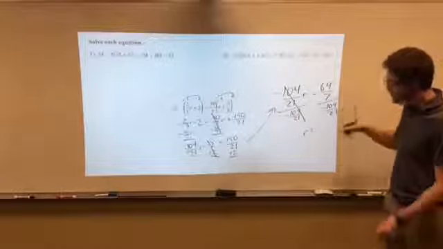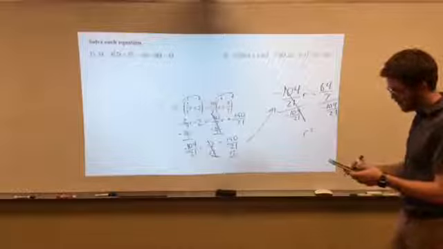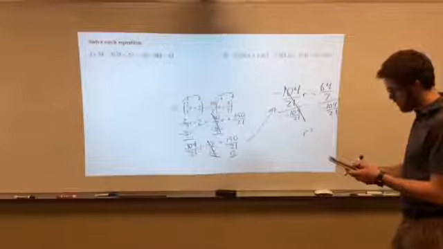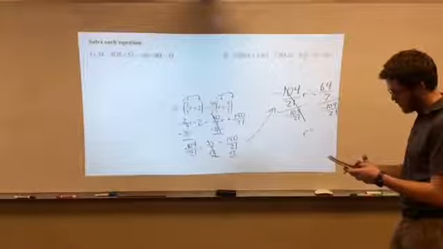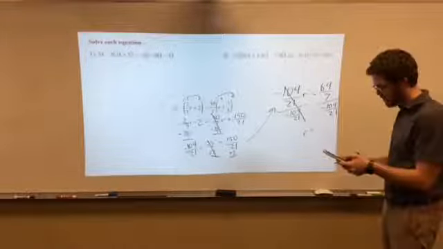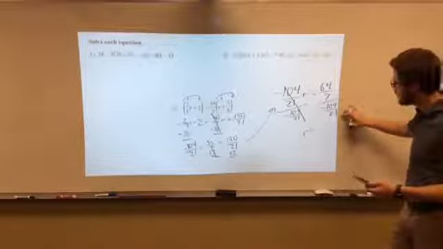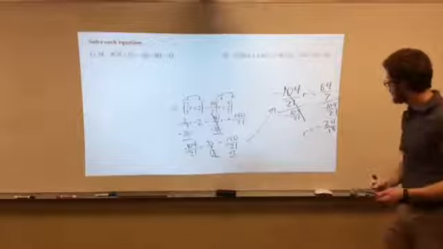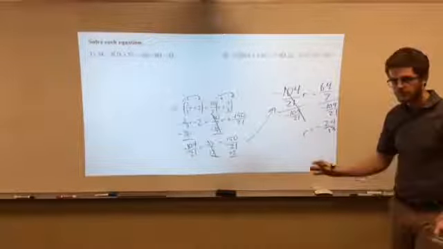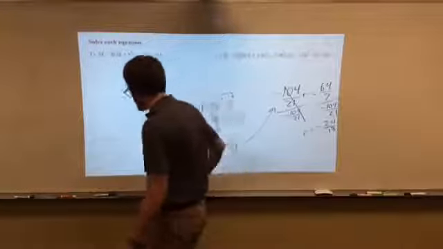We can keep, change, flip here. Do this real quick. A positive divided by a negative gives us a negative 24 over 13. So let's move on.